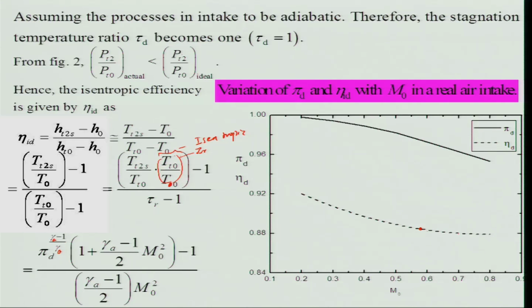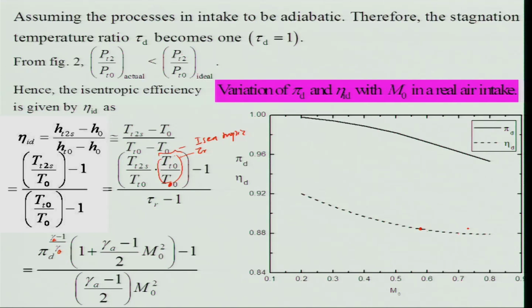So, what I am doing, it is basically eta d is a function of flight Mach number, and also it can be related to the pi d. If I know this pi d values, because when Mach number is very low, pi d is going towards 1, yes or no, pi d will be 1, because there is no flow, it is going towards 1 and it will be decreasing with the Mach number, and if I know these values I can get what will be the eta d, which is lower than these values, right.